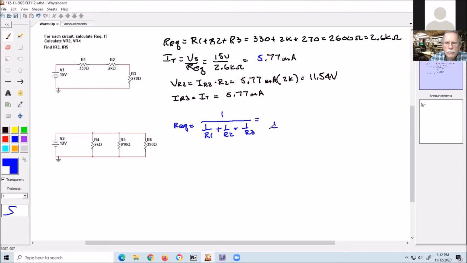So I have 1 over 2K plus 1 over 910 plus 1 over 390, which gives 240.2 ohms.